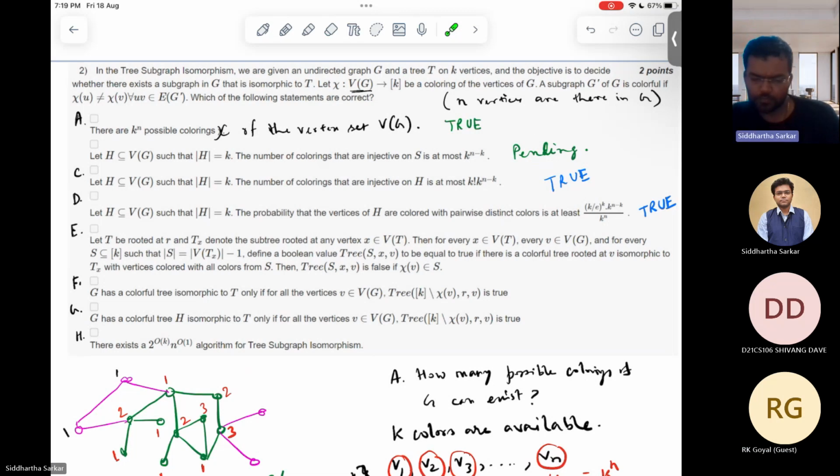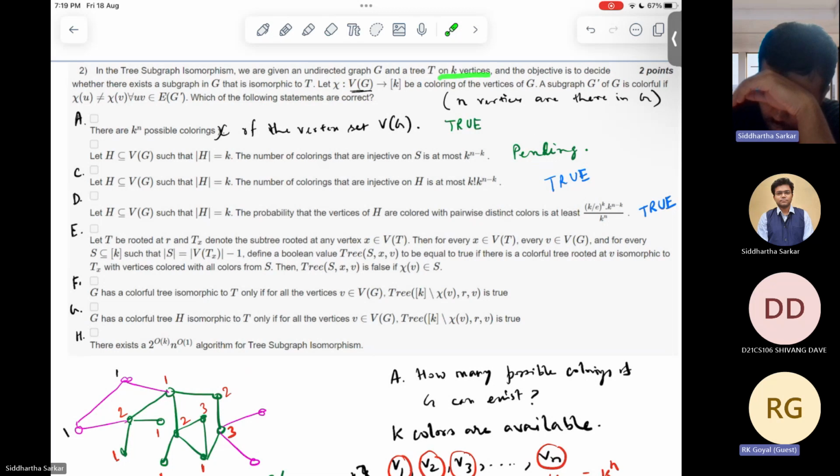So maybe we have to understand this algorithm. Basically, the algorithm is to decide whether there exists a subgraph in the undirected graph G which is isomorphic to T. So therefore, it is natural to have some bound on T. Of course, the natural thing is N is definitely at least K. Yes.